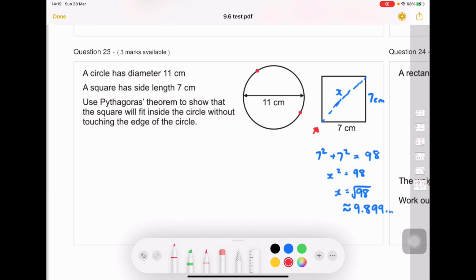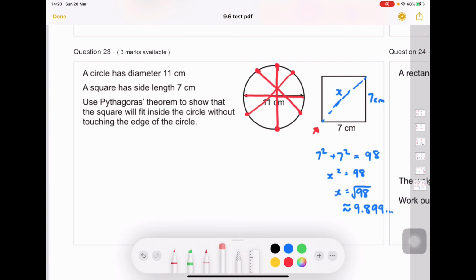So not only is this 11 centimeters, but going from this point here to this point will be 11 centimeters. Going from this point to the point on the opposite side is 11 centimeters. Going from here to here is 11 centimeters, and so on and so forth.